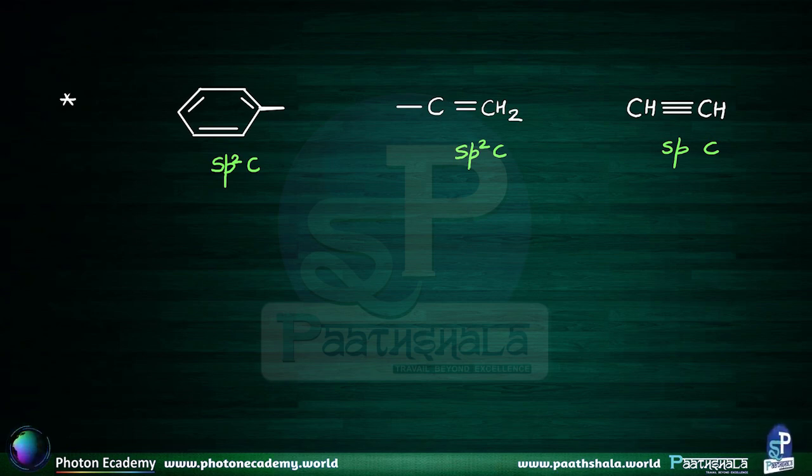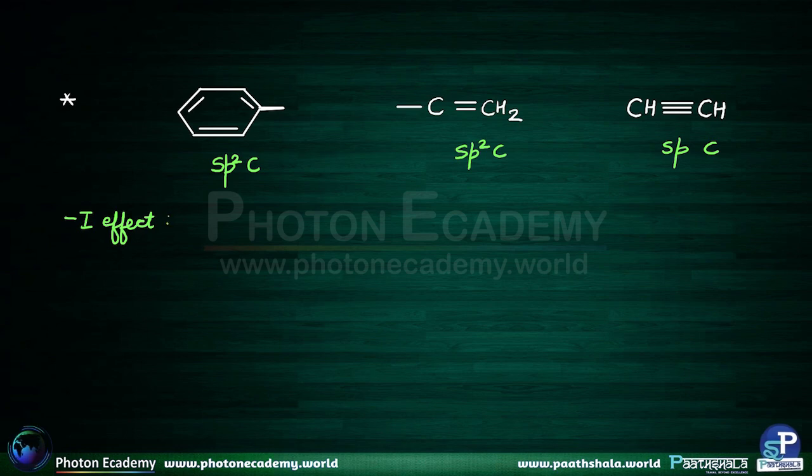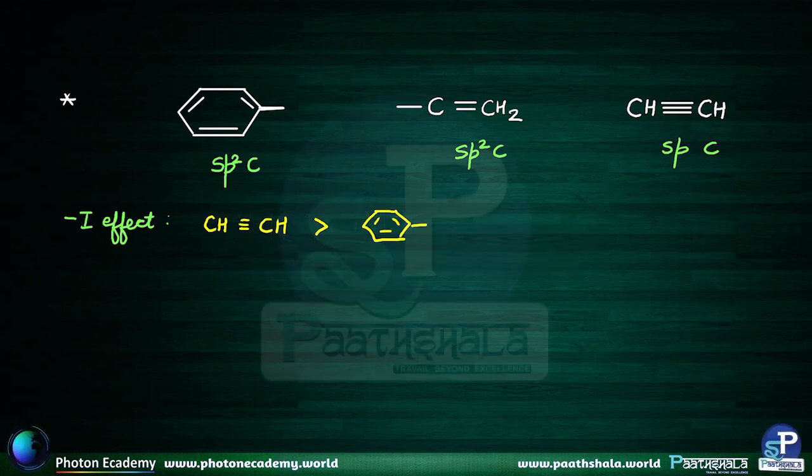So one order is already clear to us that in minus I effect that we'll see, case 3, that is CH triple bond CH, will be greater than the phenyl ring as well as the second one.